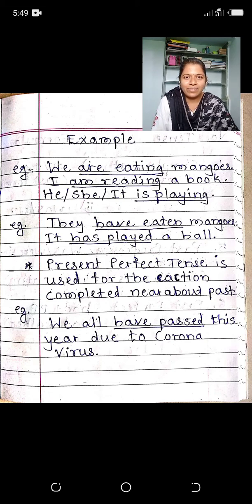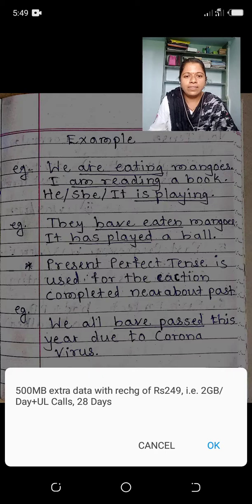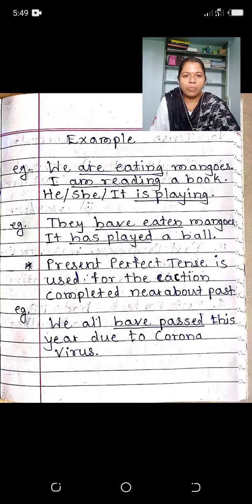Because without exams, we all have passed. Recently, in the last month, we have passed because the examination period has finished now. For the near past, we have used present perfect tense here.